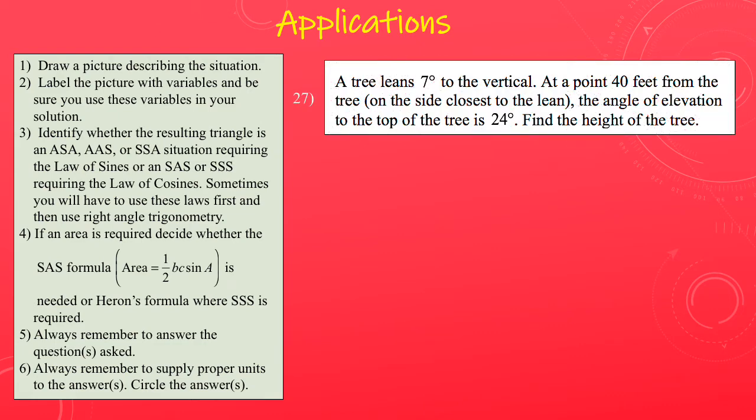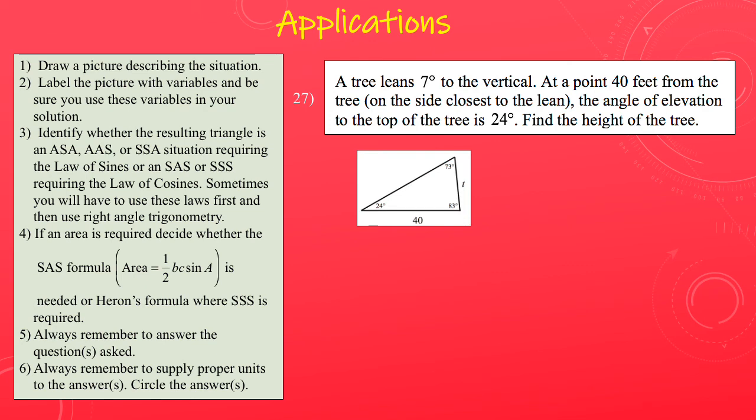In number 27, we are told that a tree leans 7 degrees to the vertical. At a point 40 feet from the tree, on the side closest to the lean, the angle of elevation to the top of the tree is 24 degrees, and we would like to find the height of the tree.